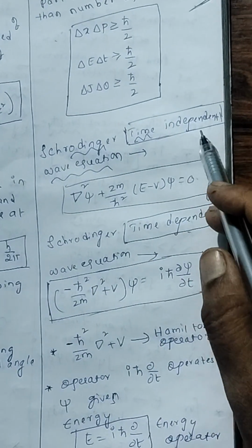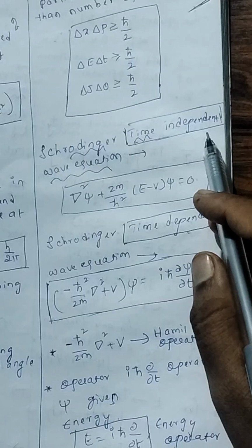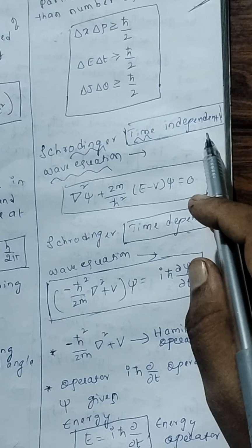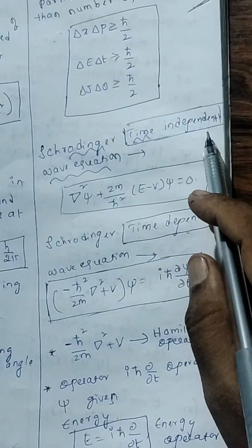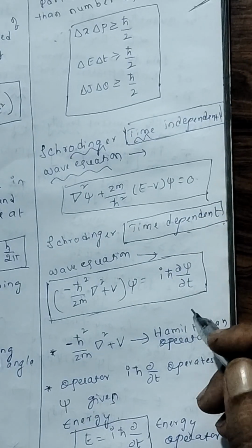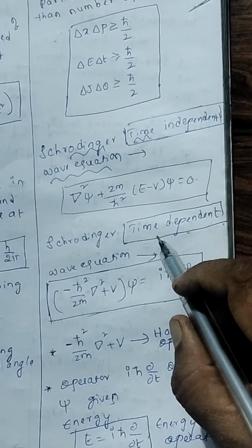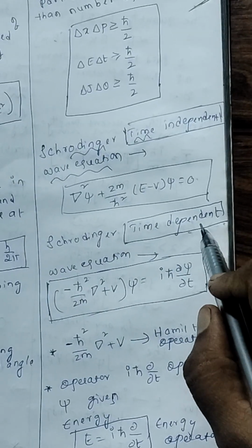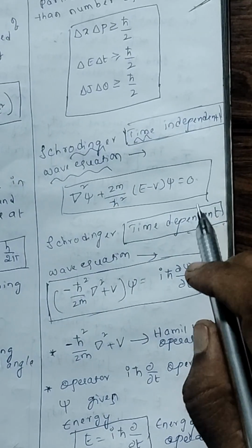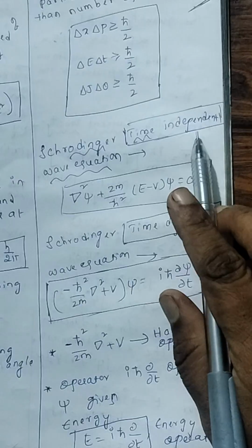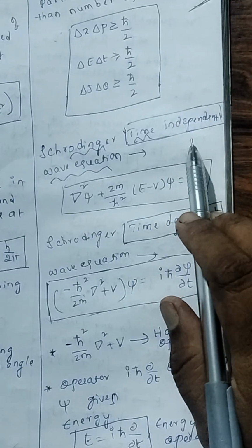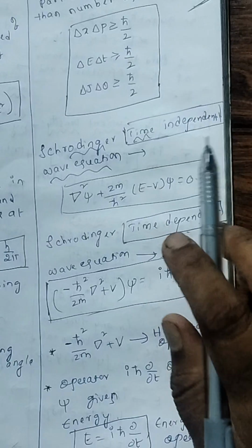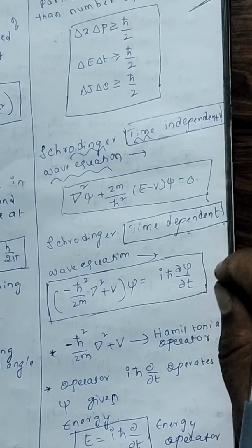Now, what does this time independent wave equation tell us? The time independent wave equation is nothing but the further explanation of the time dependent wave equation. It applies to systems with constant potential energy.